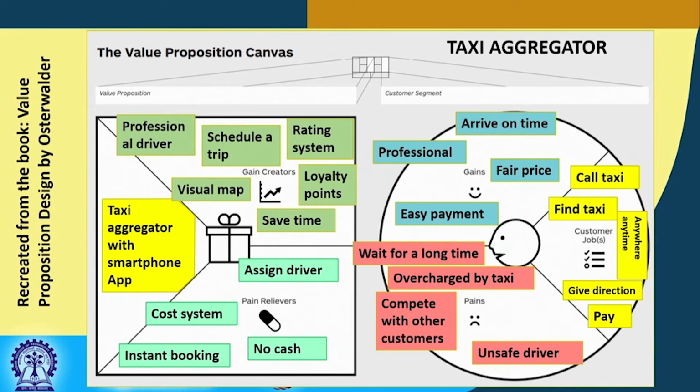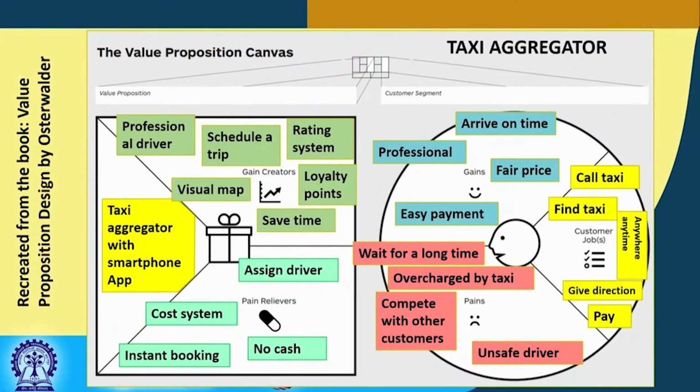And what taxi aggregators do, like Ola, like Uber, is wonderful. Actually, this creates a lot of other social value, but social value is not part of the value proposition canvas or value proposition per se. So, what they do is, they have an app, you download the app on your mobile, and then you have the solution.